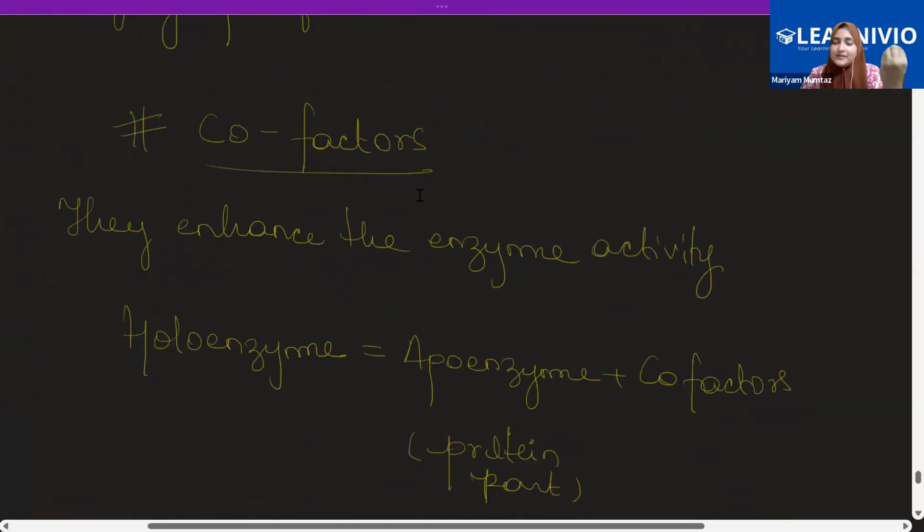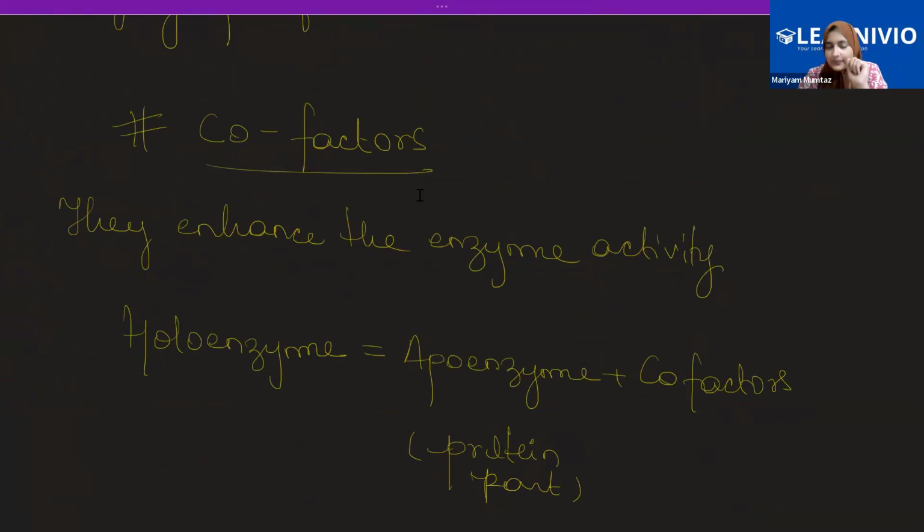Now, enzymes require other molecules or substances to enhance their activity. Those that enhance the enzyme's activity we call cofactors. Co means together, and the factor enhances the activity of the enzyme.